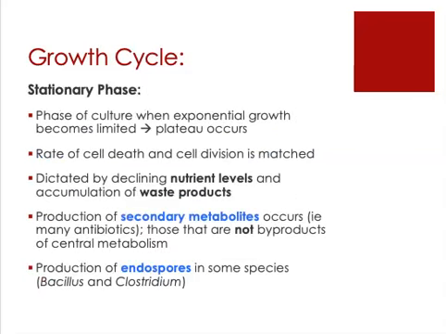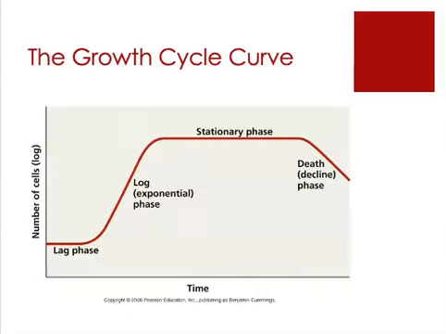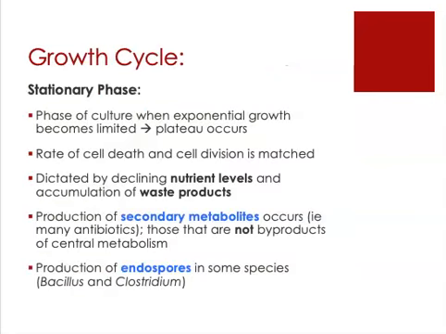Now, eventually, the cells in that culture are going to hit what's called the stationary phase. And if you recall, the stationary phase is a plateau. Again, we're at a point where the cell number isn't going up or down. It's just staying nice and flat. So what's happening during this phase?